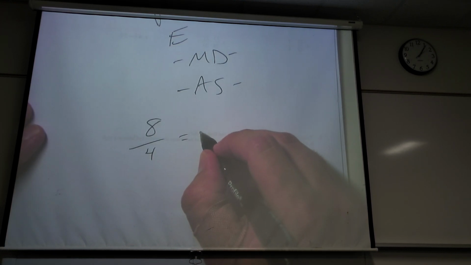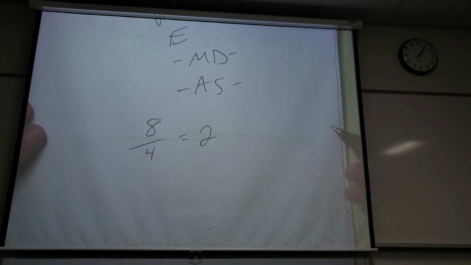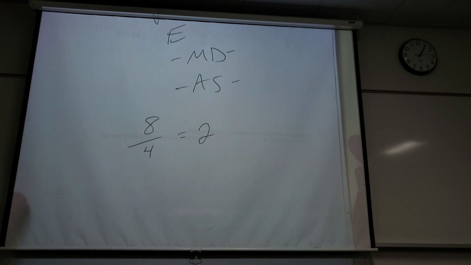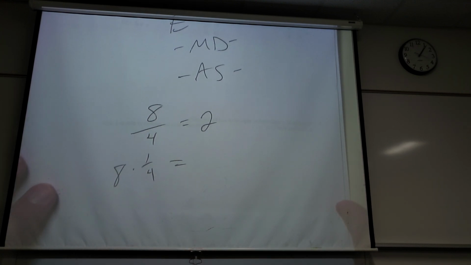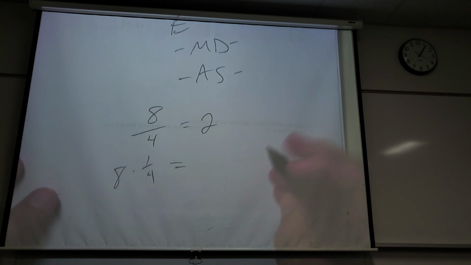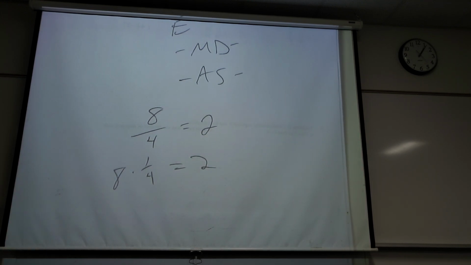You get 2, right? 8 divided by 4 is 2 for sure. And what is 8 times 1/4? 2, same thing, of course. Just the way it's written. So there is no division. There's just multiplication by the reciprocal of something.